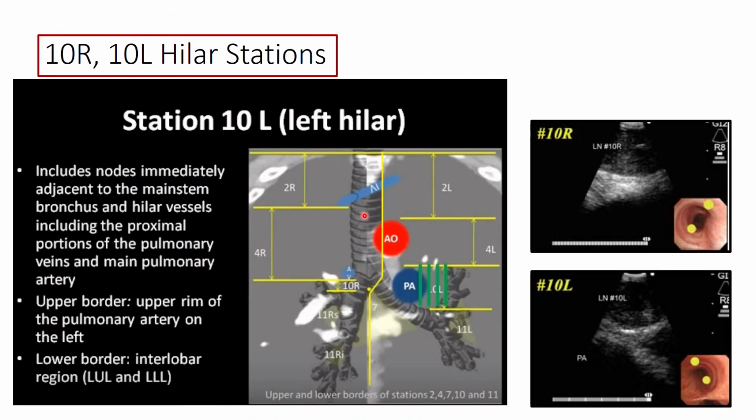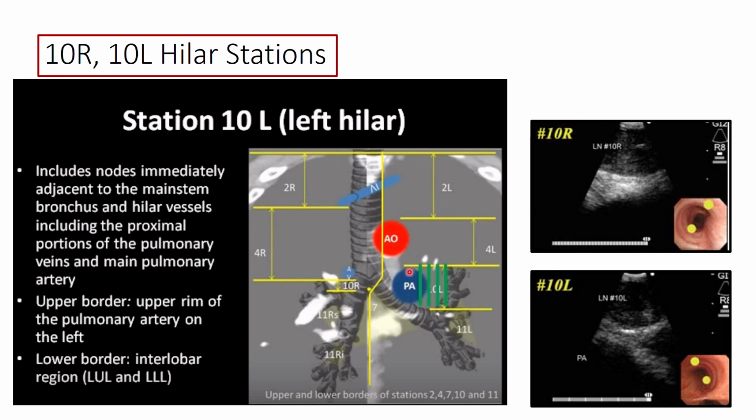Another set of nodes which are approachable by EBUS TBNA and quite commonly sampled are the station 10R and 10L. Here you can see the demarcation between the 10R and the 10L will always be the azygous vein. So a very important landmark to differentiate the two nodes on the right side is the azygous vein, which will demarcate the 10R and the 10L.